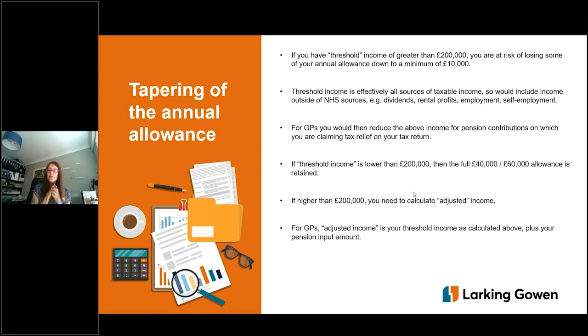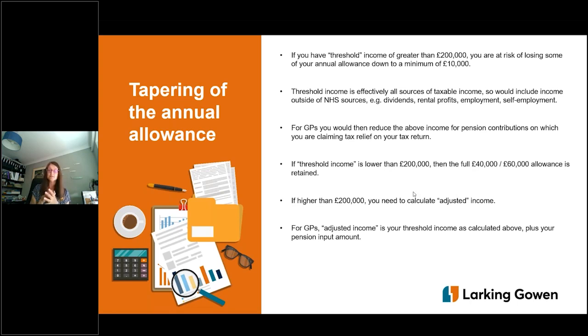Anyway, the main point to take away is this tapering is still going to continue despite the changes they've made to increase the annual allowance from 40 to 60,000. The tapering still kicks in if your taxable income is above 200 grand. And by taxable income, we mean everything that goes on your tax return.